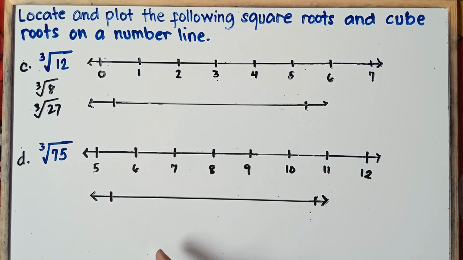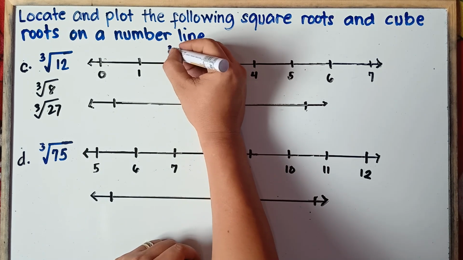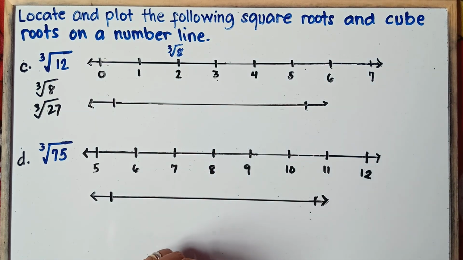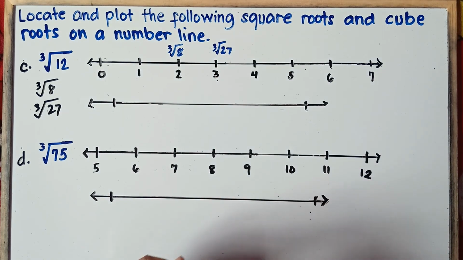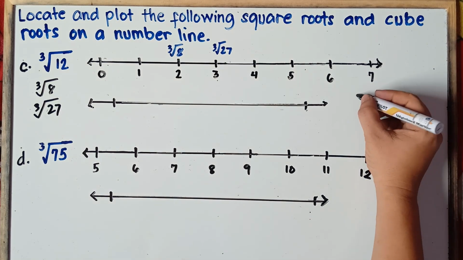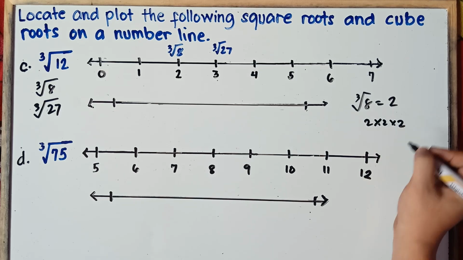So the cube root of 8 is 2, and the cube root of 27 is 3. Once again, class, the cube root of 8 is 2, because 2 times 2 times 2 is 8.